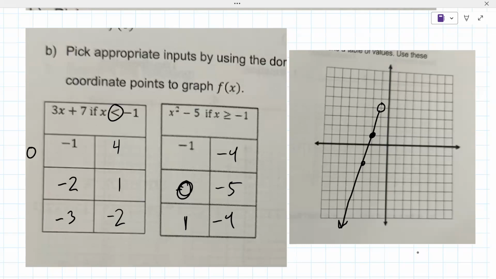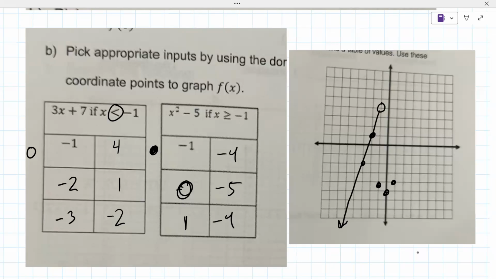Okay, I wrote it down. Okay, now on the other side, we're going to start with a filled in circle. -1, -4, 0, -5, and 1, -4.